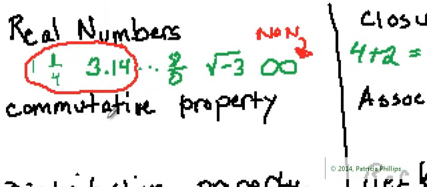And as you know, pi goes on and on and on and on and on, and it infinitely continues with no end. But pi is a real number. All decimals are real numbers. All negative and positive integers, all whole numbers, the counting numbers, and fractions are real numbers.